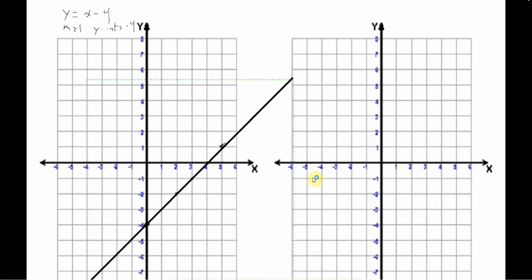And we see here that this line crosses the x-axis when x is 4 and y is 0. So our x-intercept equals 4.